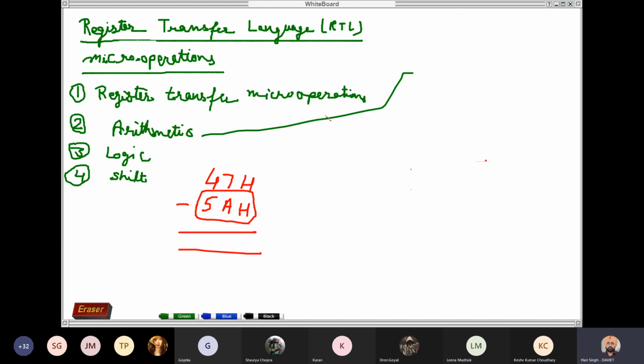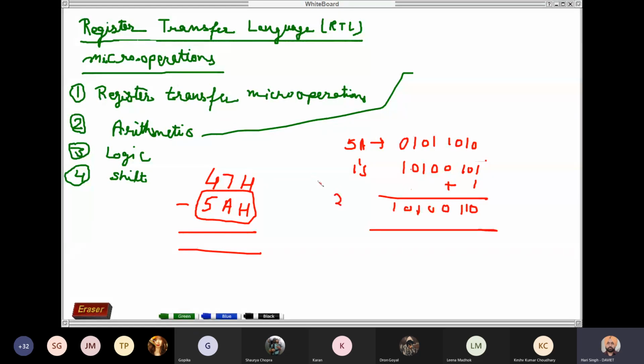So 5A, its binary equivalent is 0101, and A is 1010. To find the 2's complement of this, first of all we take the 1's complement, then add 1. It is 01100101.